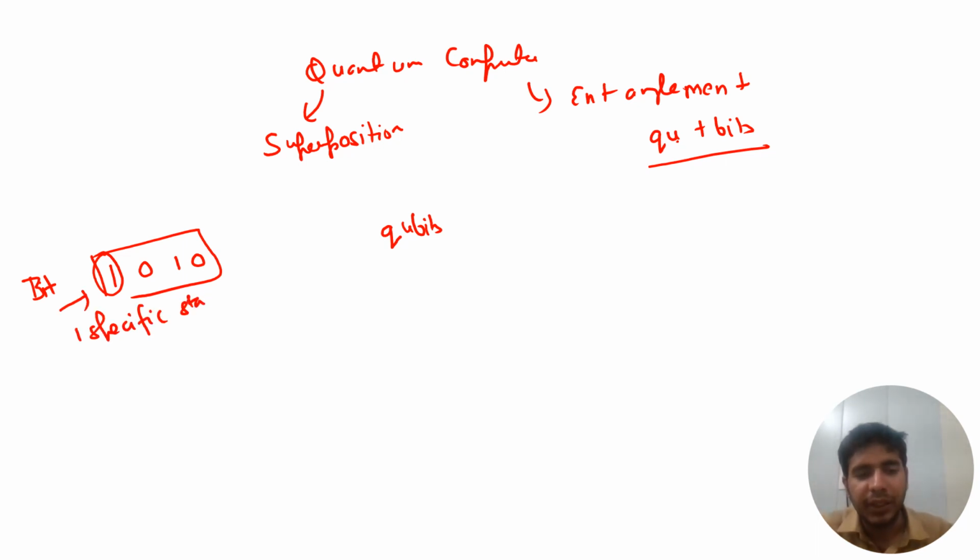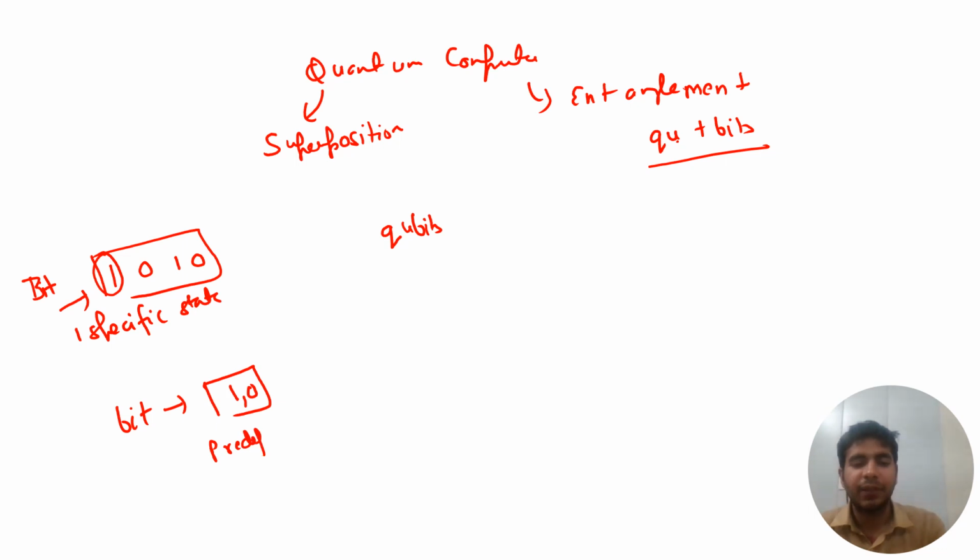Suppose I have this bit. We both know that it can be only one or zero, and we have to predefine it. We cannot say it may be one or zero. It has to be one or it has to be zero. So that's the constraint of bits.